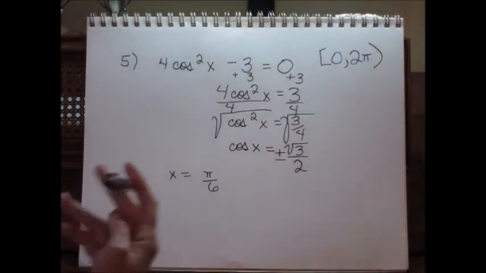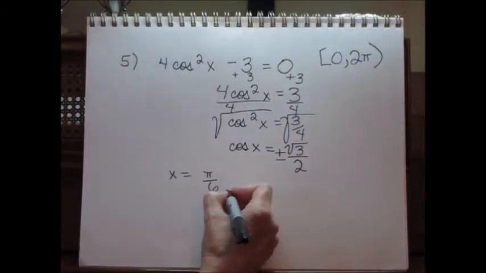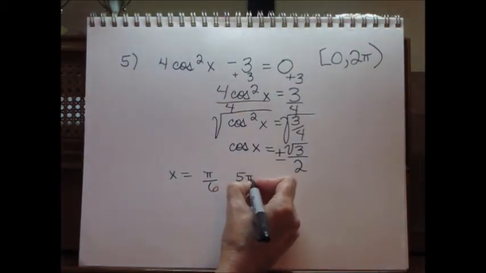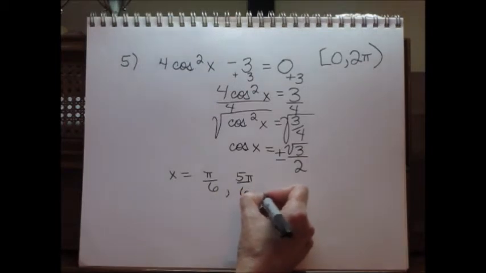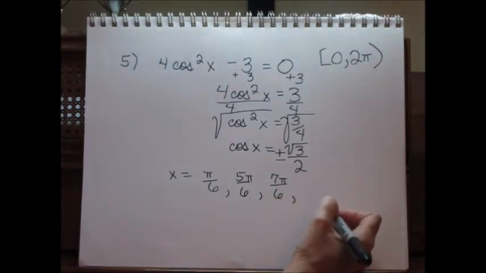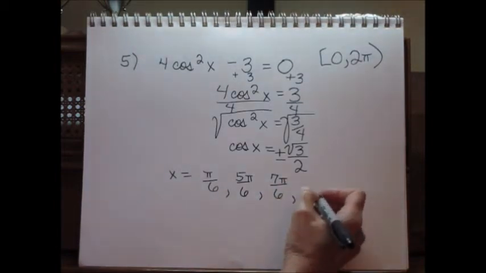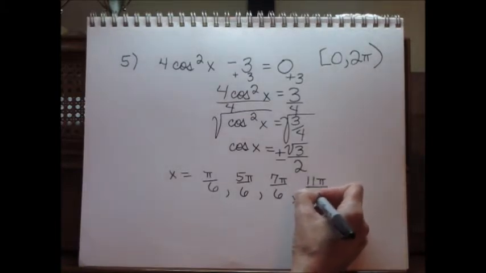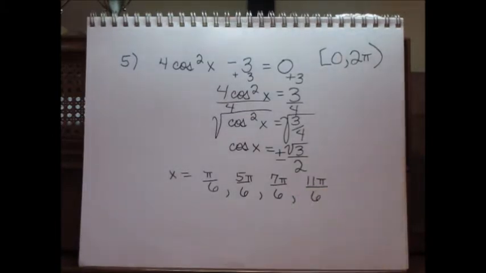Quadrant 1 is pi over 6, in quadrant 2 I have 5 pi over 6, in quadrant 3 7 pi over 6, and in quadrant 4 11 pi over 6. That gives me all of the solutions, both positive and negative, in each quadrant. And there we are.